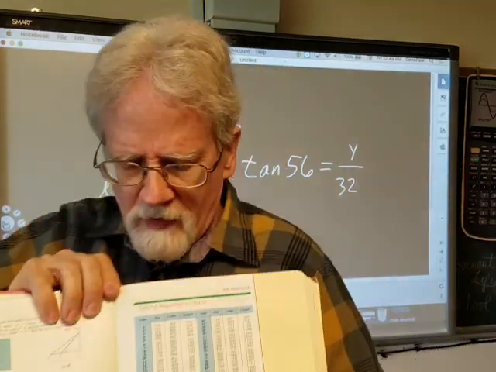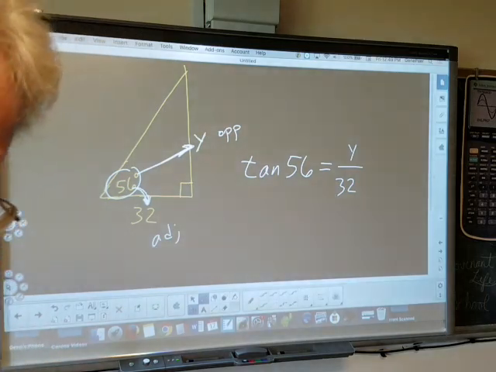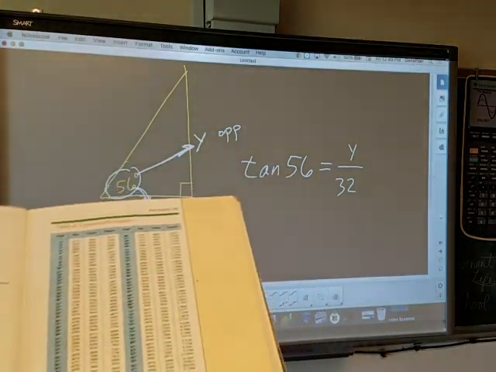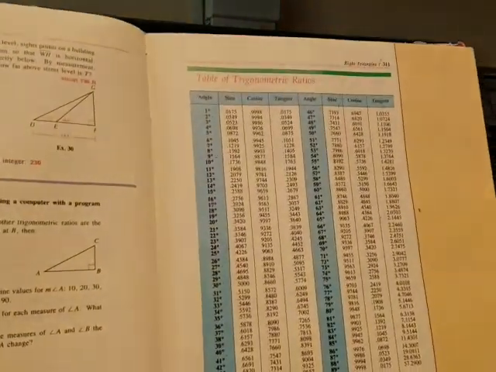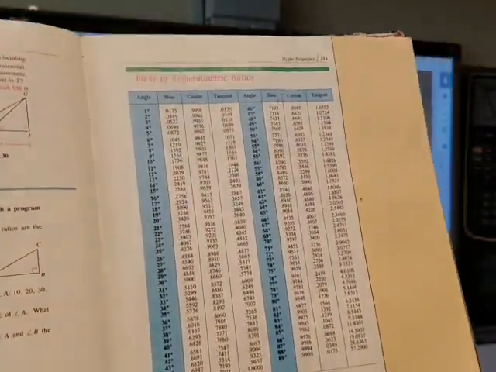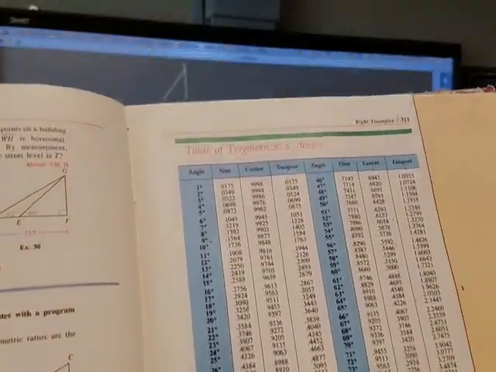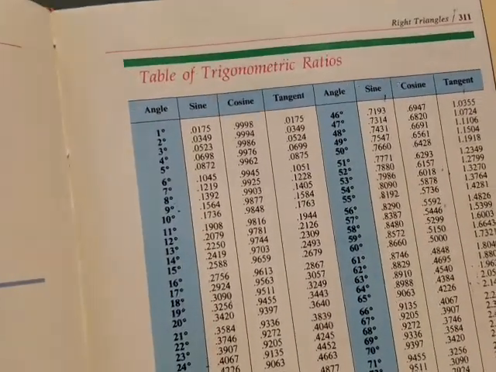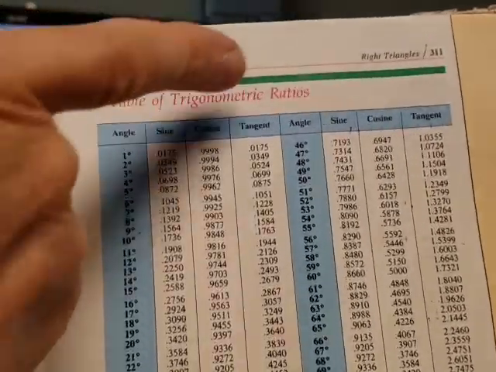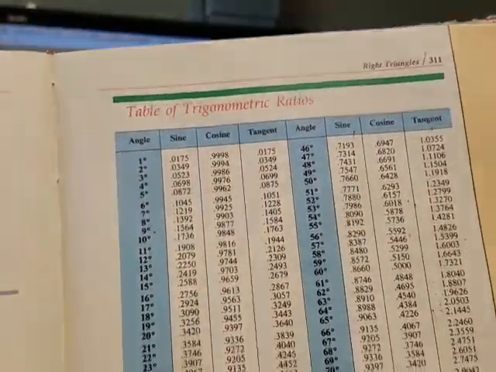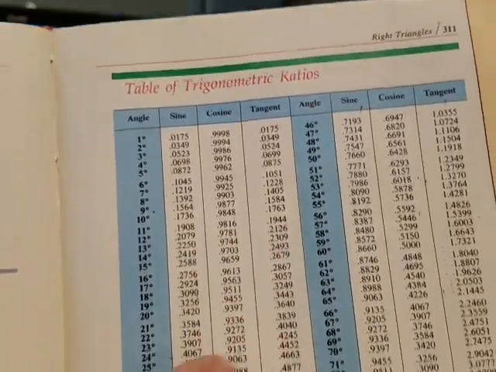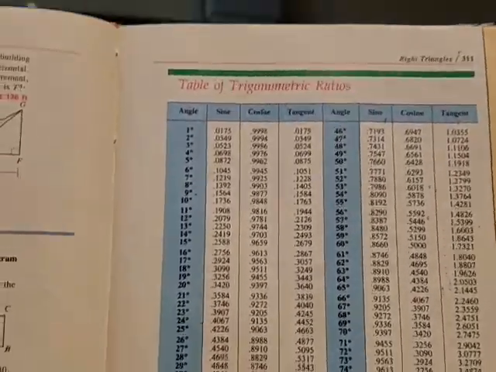So I go to the tangent column, right? Maybe I can do it this way. Oh, yes, here we go. This will work. I go to the tangent column right here, and I'm going to come down until I hit the row for 56 degrees.